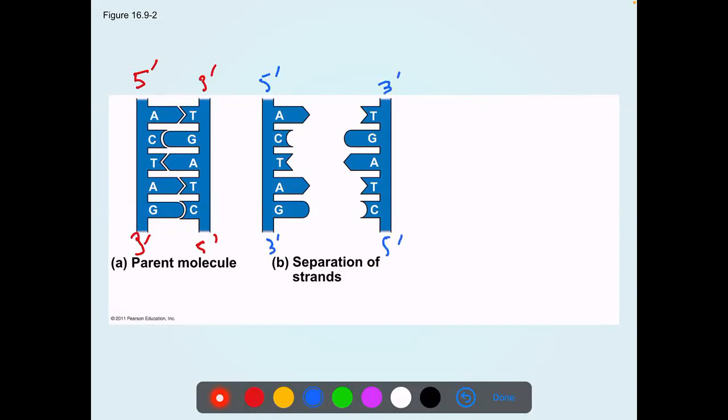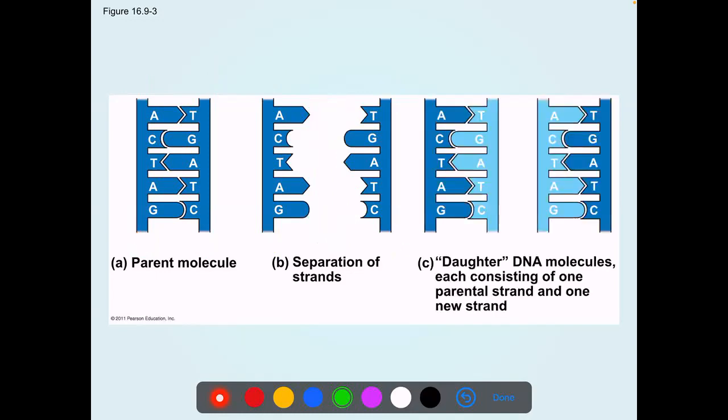They are separated, so a new strand will form here, and also here, something like this. Okay, so that is what you see over here.